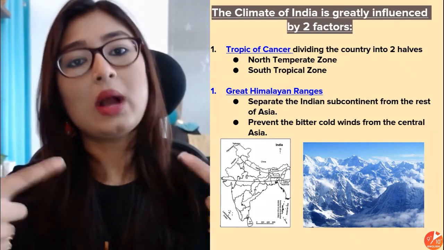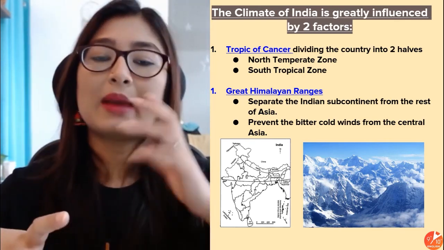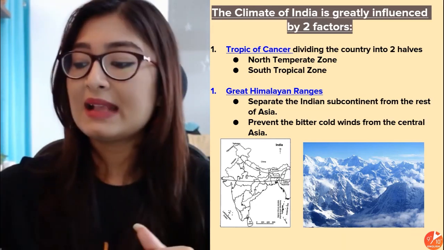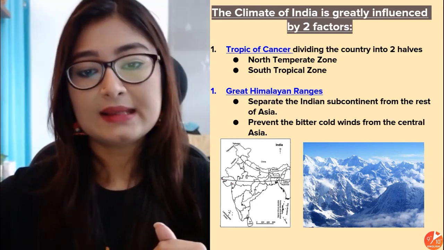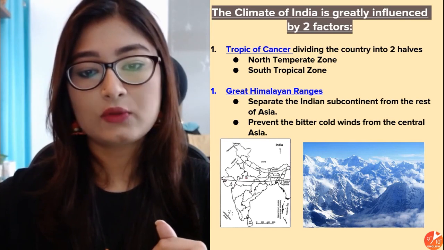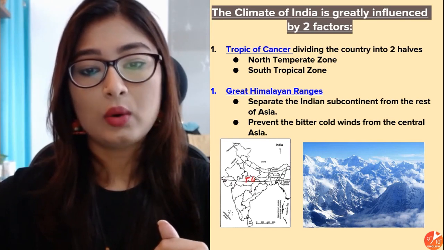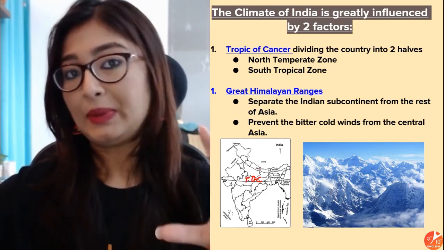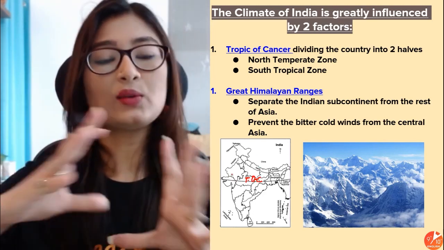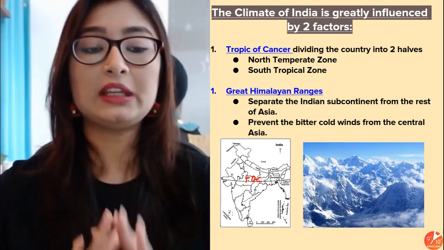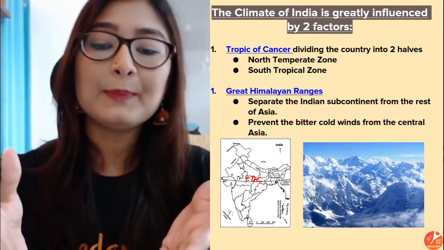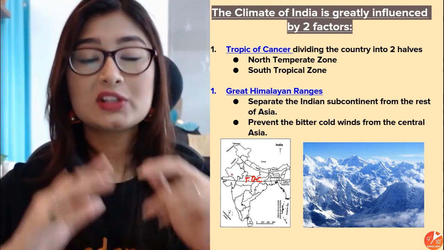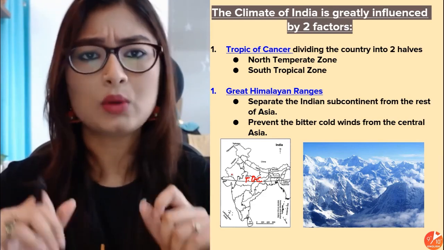As we go ahead, we will discuss what tropical and temperate mean in terms of climatic conditions. But as you can see over here, this is the Tropic of Cancer, and this is what is dividing the country. This is the northern temperate zone and this is the southern tropical zone. It divides the country into two regions, and that is why the whole country is also divided into two weather conditions, which we will dwell into in more detail going ahead.